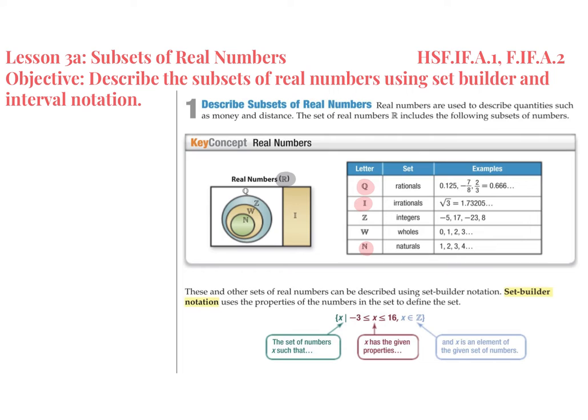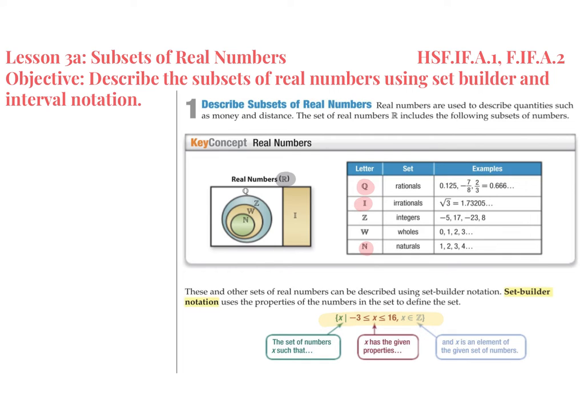So there are two different notations that we can use to describe what's happening. One of them is using a set builder notation, and in order to use this specific notation, you need to include the subset of the real number system. Set builder notation will have something that looks similar to my math sentence on the bottom, and it's basically a squiggly bracket, and it's read the set of numbers x.